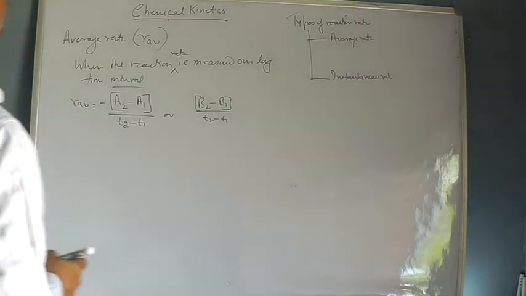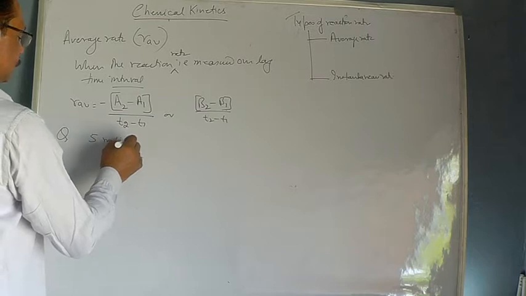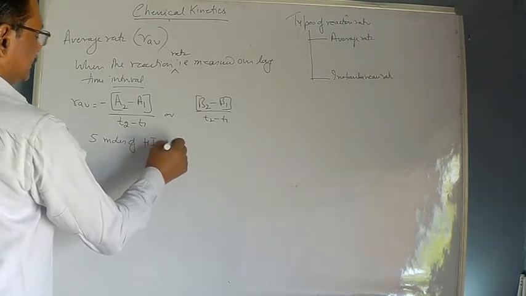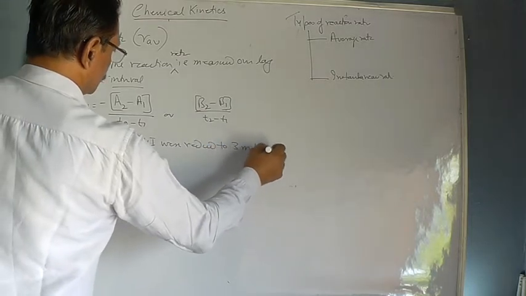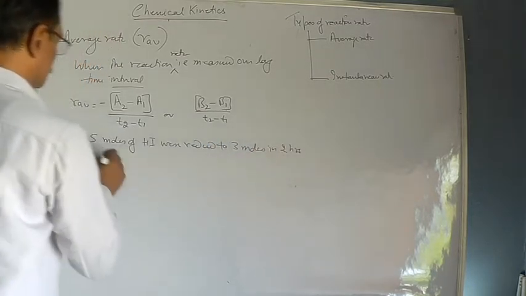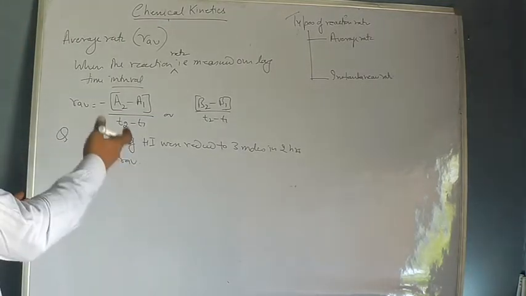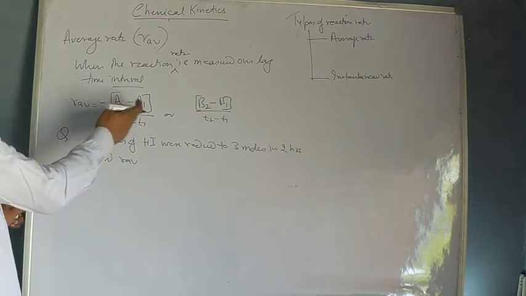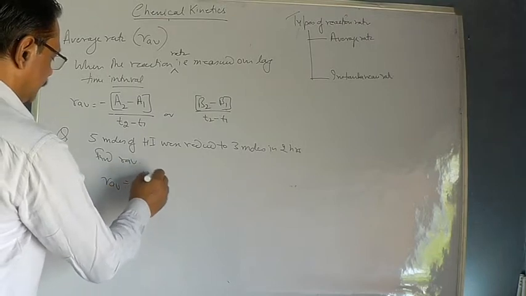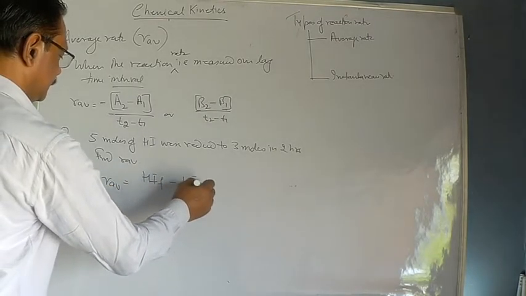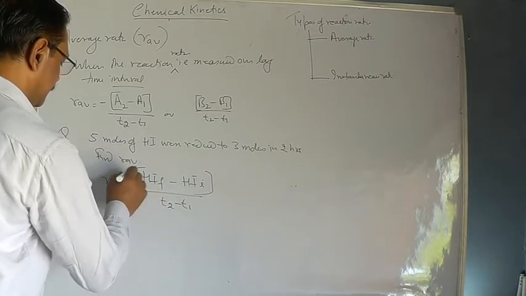Class, we can have a numerical on this. 5 moles of HI were reduced to 3 moles in 2 hours. Find RAV. Since HI is a reactant, we'll use HI final minus HI initial upon time taken. So RAV will be equal to HI final minus HI initial upon time taken, with a negative sign here.